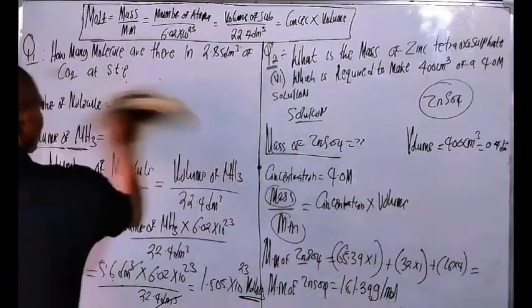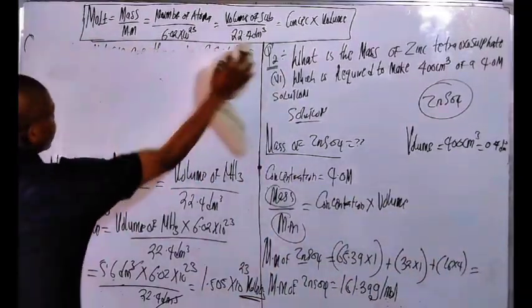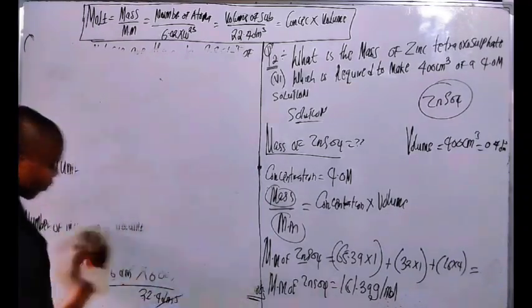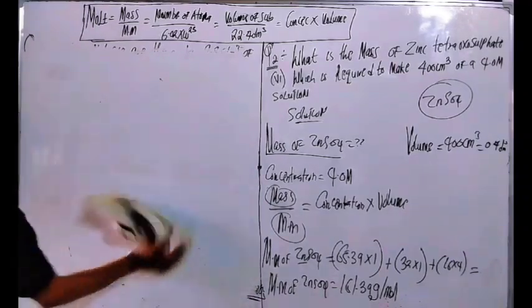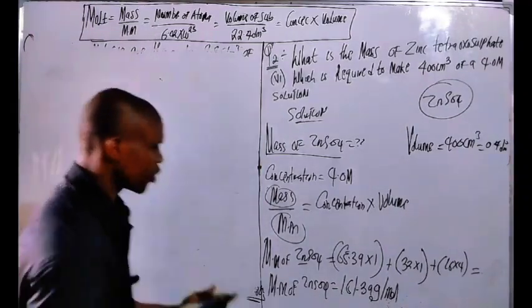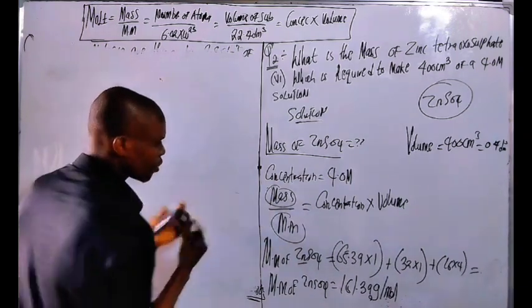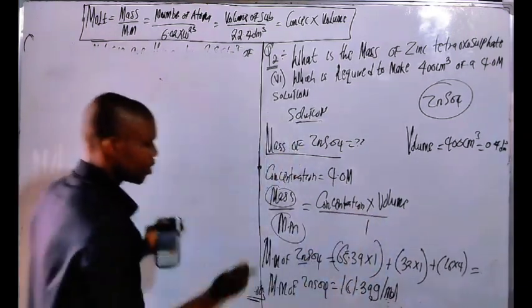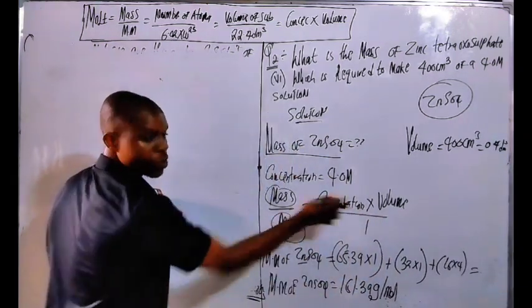Let me solve it in this place here. So if I make mass the subject of the formula, mass over molar mass equals to concentration times volume.